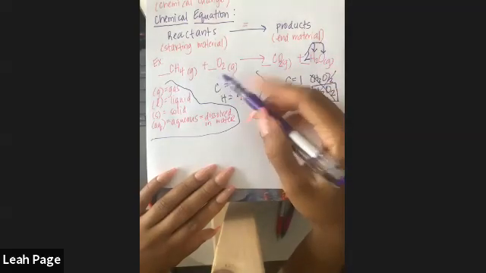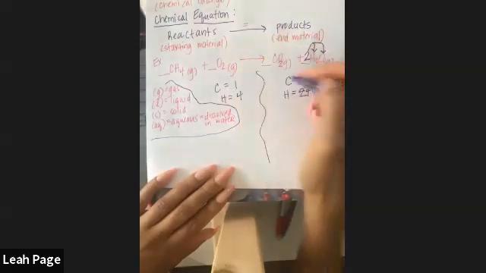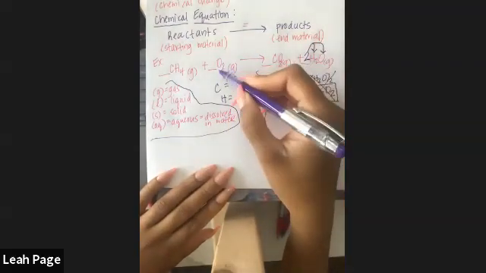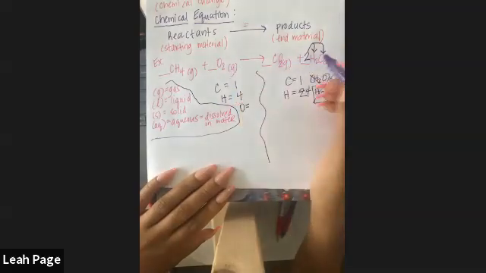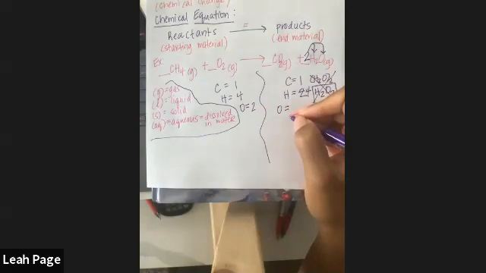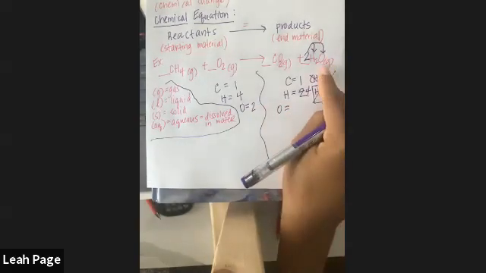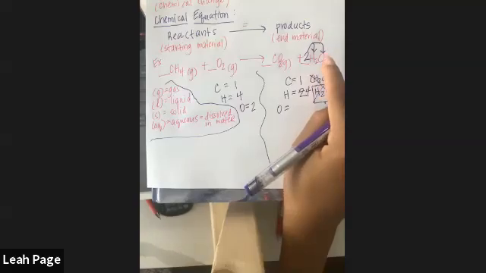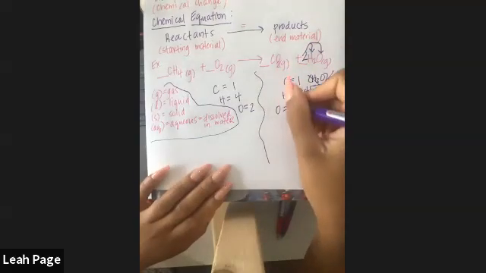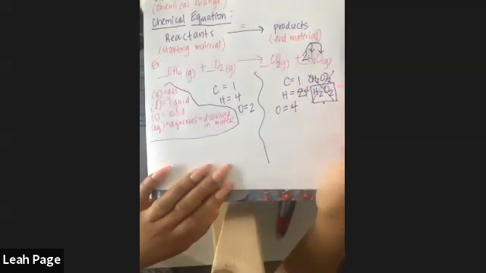So when I get back to my oxygen, because I'm satisfied with my hydrogens now, if I go to the oxygens, you see I have 2 oxygens here, but now on the product side, I have 2 oxygens from this H2O because I multiplied it times 2, but I also have another 2 oxygens from the carbon dioxide. So total, I have 4 oxygens.